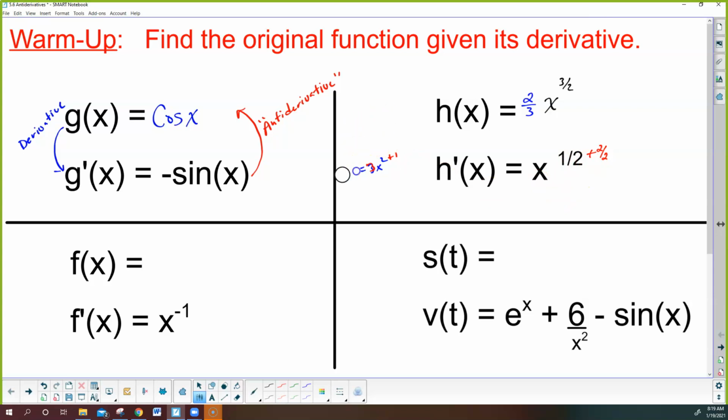Let me erase this part. And what I would do then is say, well, if that's my answer, let's check it. If the 3/2 comes down, then 3/2 times 2/3 goes away and turns into 1, which is what I technically have up here. And if I took away 2 over 2 up top, I'm left with a 1/2. So there's my answer.